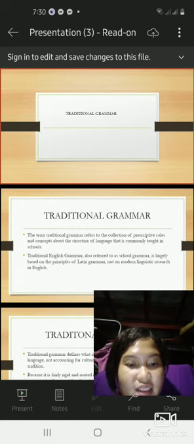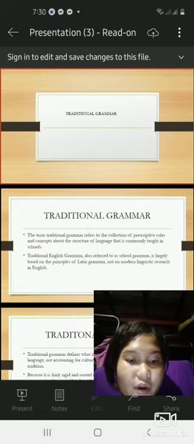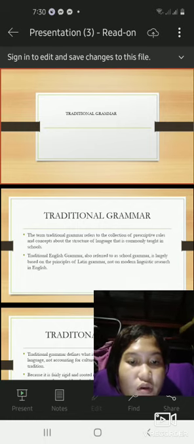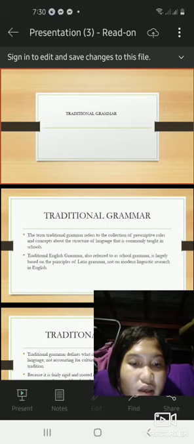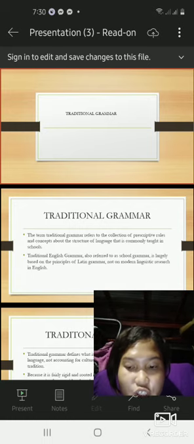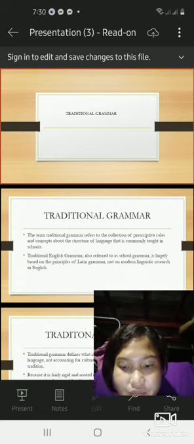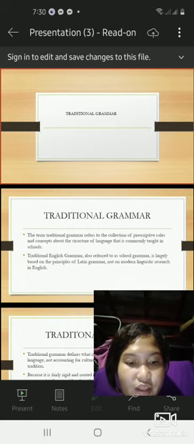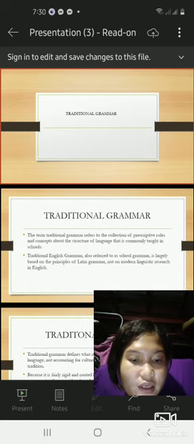That only means that traditional grammar is formal and understandable. It is also proper, while the opposite of prescriptive is the descriptive one, which means that it describes how people use the language without regard to its correctness. So there is no right or wrong in the forms of descriptive.